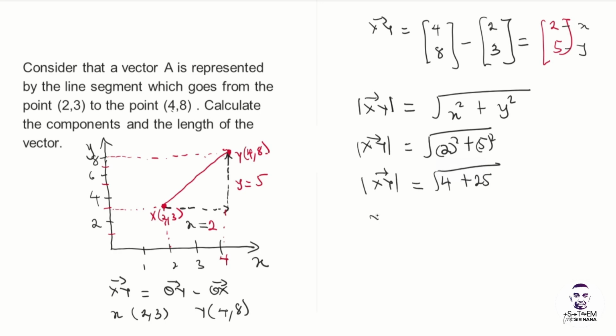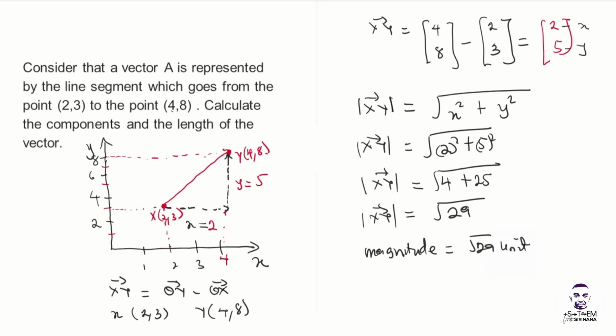So the magnitude of xy should be equal to the square root of 29. Now, you can't simplify the square root of 29, so we must leave our magnitude as the square root of 29. We can add a unit to it: root 29 units. Unit means that it's a length.